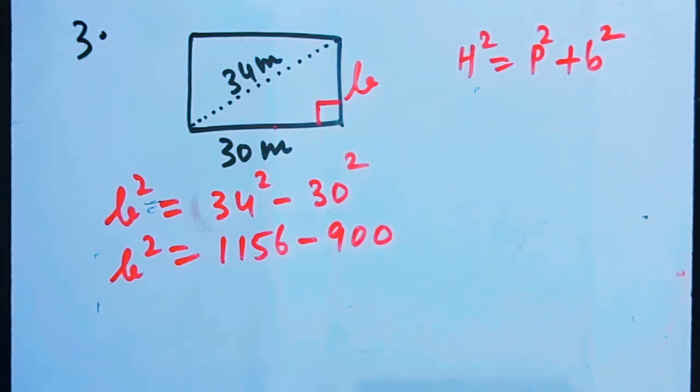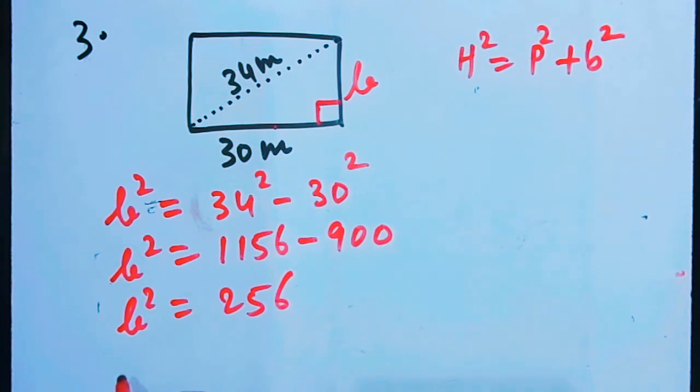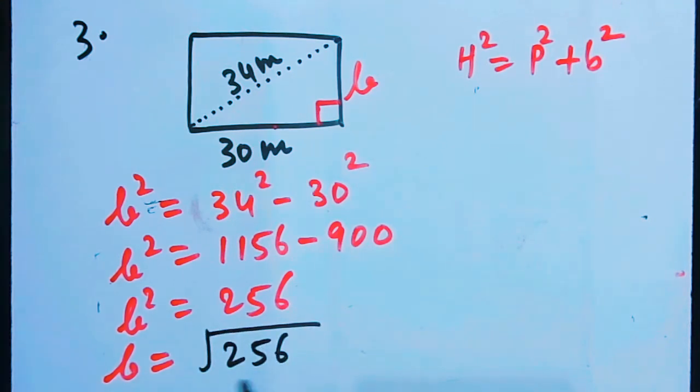So when you subtract 900, you are going to get b square is equal to 256. Now b will be equal to how much? So b will be equal to square root of 256, because when you are removing square from one side, it gets transposed to square root on the other side, isn't it? So here b will be equal to 16.